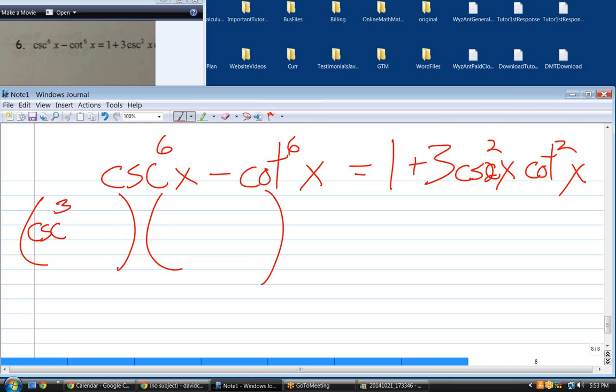Cubed. In other words, I'm going to treat this as difference of squares. Do you see what I'm doing? Different than treating it as difference of cubes. There's not very many functions that you can choose either way, but this is one of them where I can choose to treat it as difference of cubes or difference of squares.